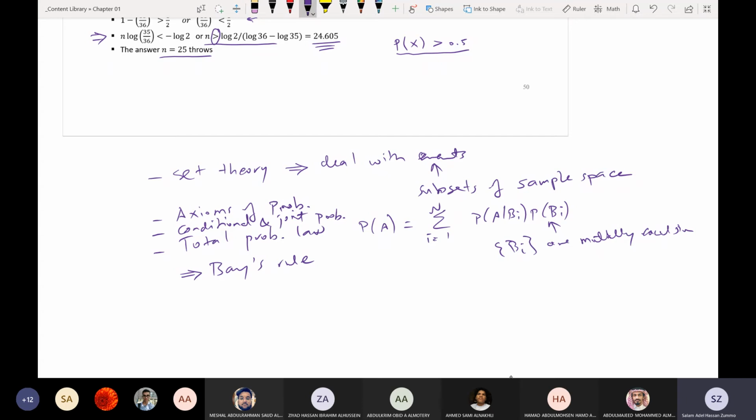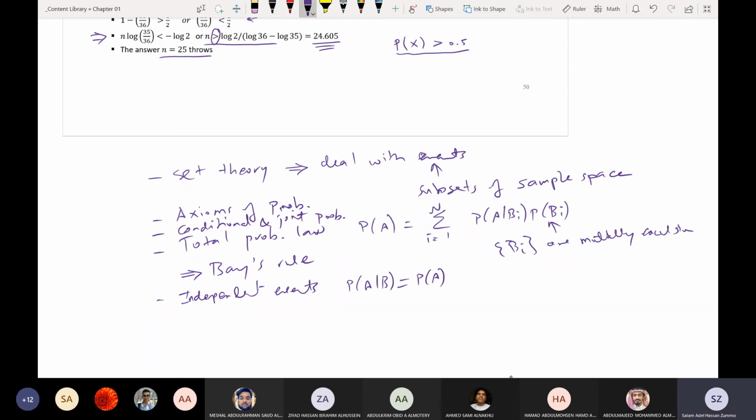And then we defined what we call independent events. And we said that independent events are the opposite of mutually exclusive events. If one happens, the other may or may not happen. So the probability of A given B equals the probability of A. The probability of A does not change whether B happens or not.